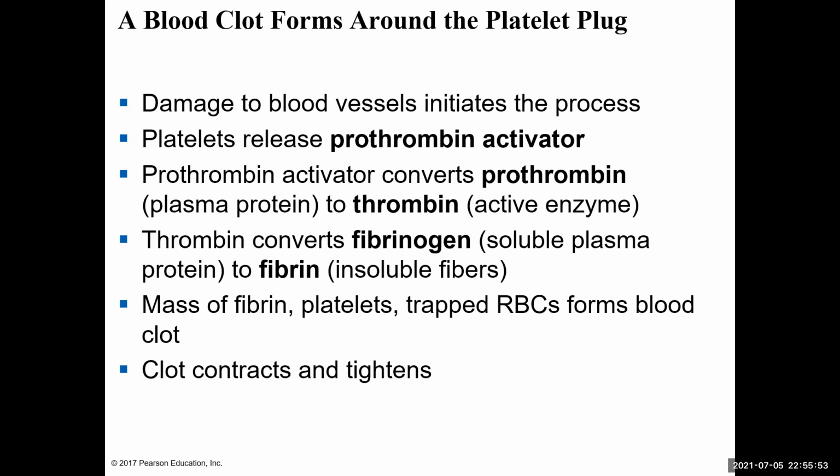So first you'll get platelets to release what's known as a prothrombin activator. This prothrombin activator converts prothrombin into thrombin. Okay, so this protein basically is converted into an active enzyme.